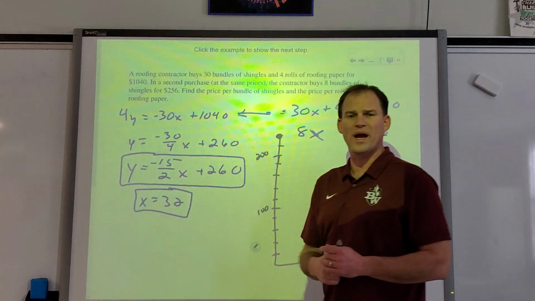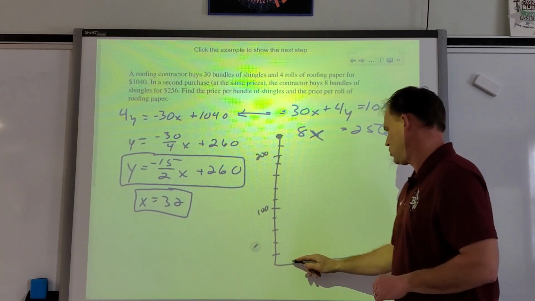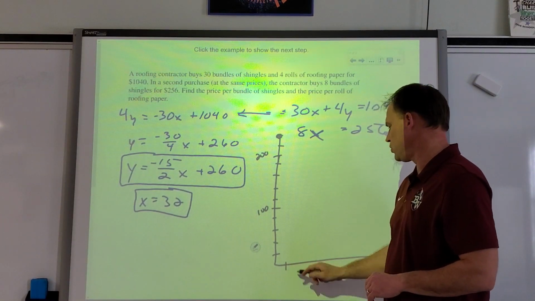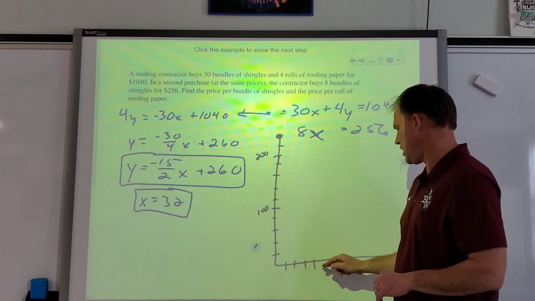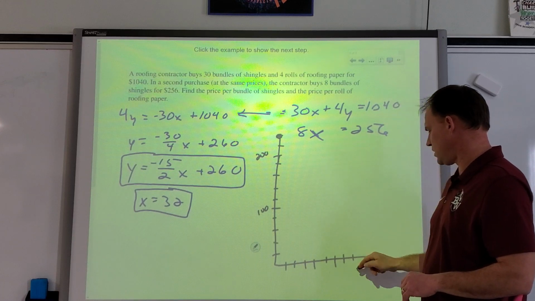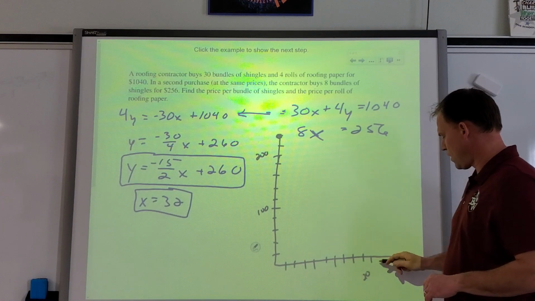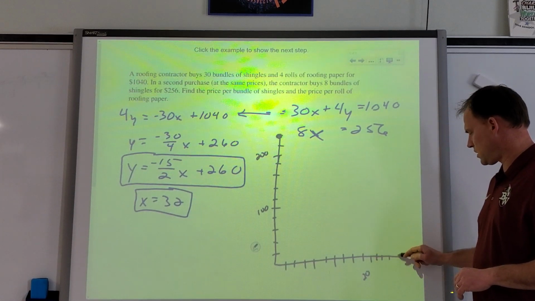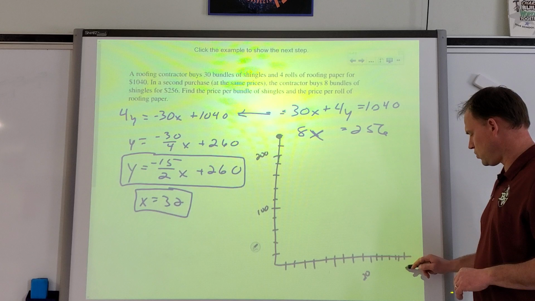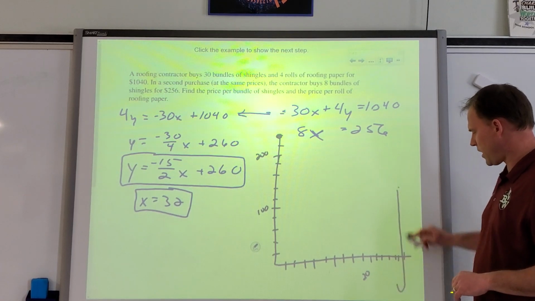Down 15, right 2. So let's count by 2s. 2, 4, 6, 8, 10, 12, 14, 16, 18, 20. 2, 4, 6, 8, 32. I got a vertical line out here at 32.